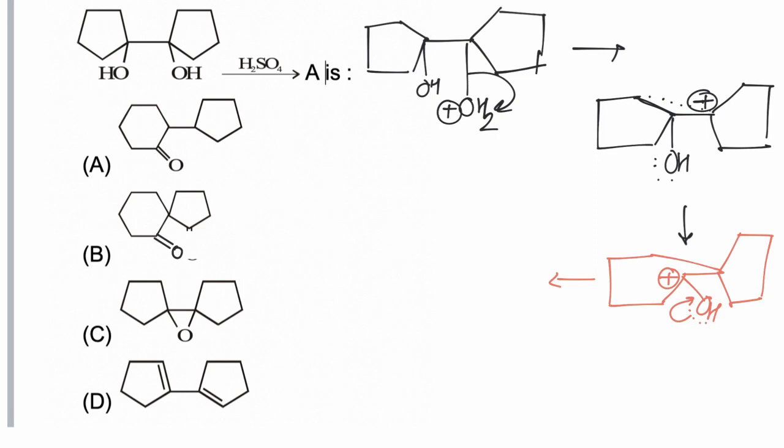So one ring is having 5 atoms and other ring is having 6 atoms. So this is formed. Now this will be stabilized by alpha effect. After deprotonation, carbonyl compound is formed and hence correct answer is B.